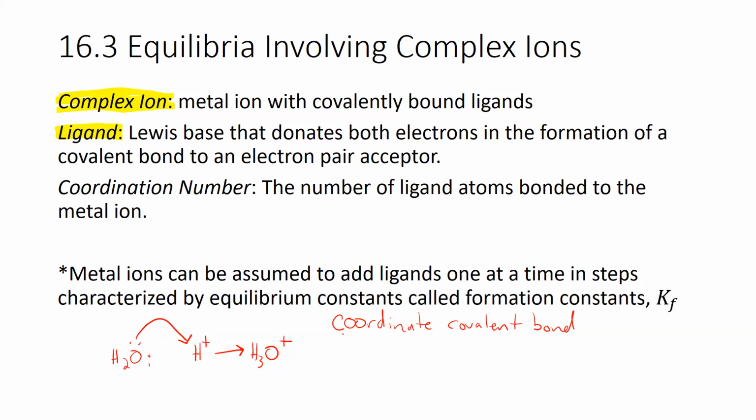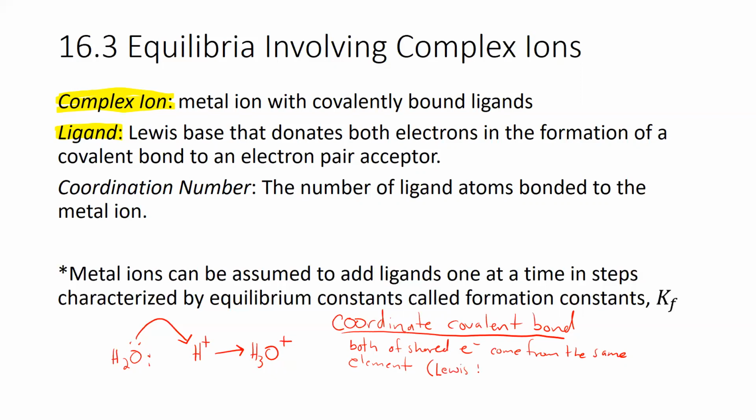So in that coordinate covalent bond, that's the take home here, it's still a covalent bond, you still have overlap of orbitals, but the key difference from a more traditional covalent bond is that both of the shared electrons come from the same element. And that element is part of that Lewis base.